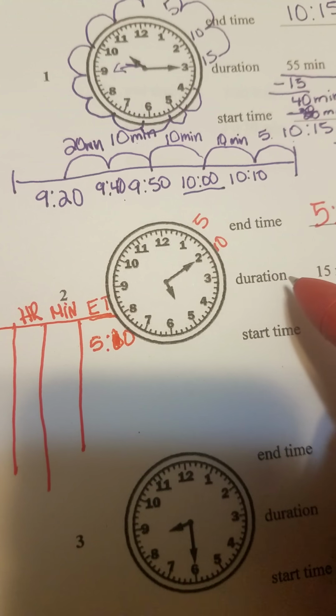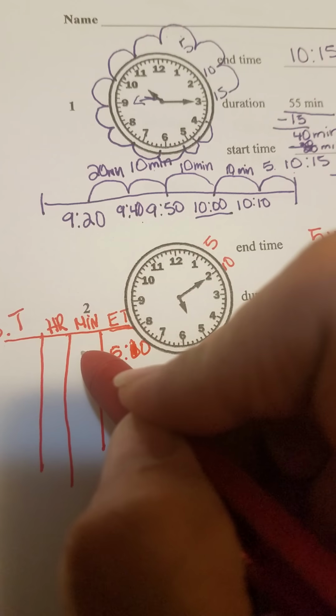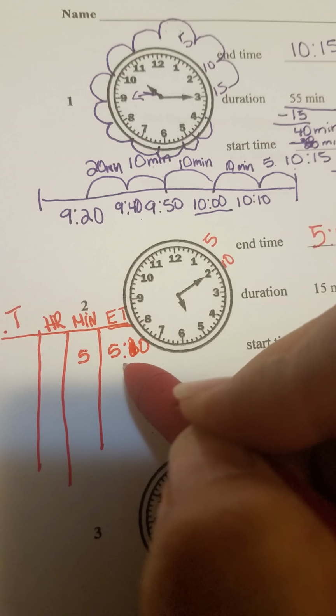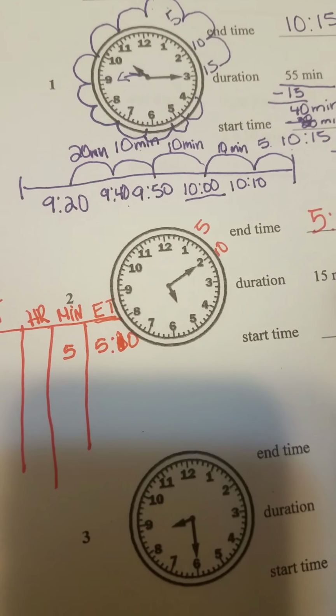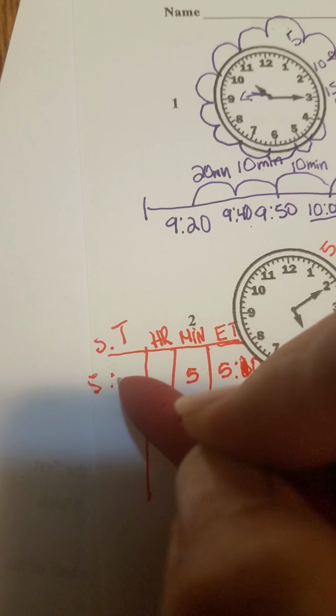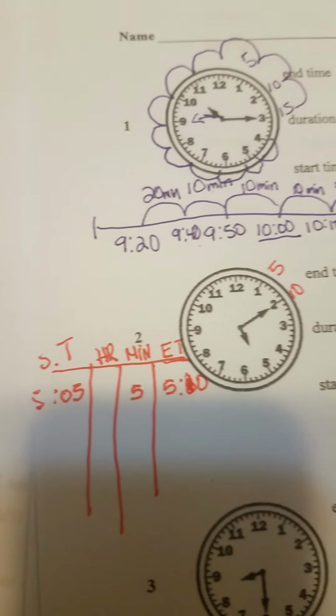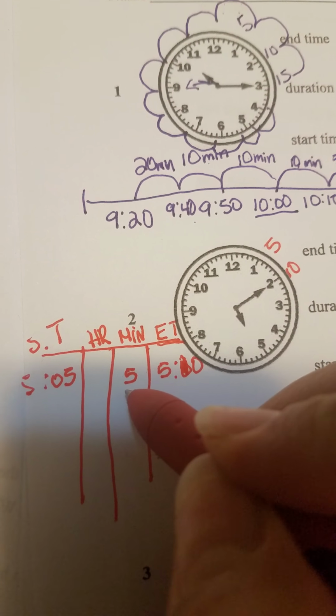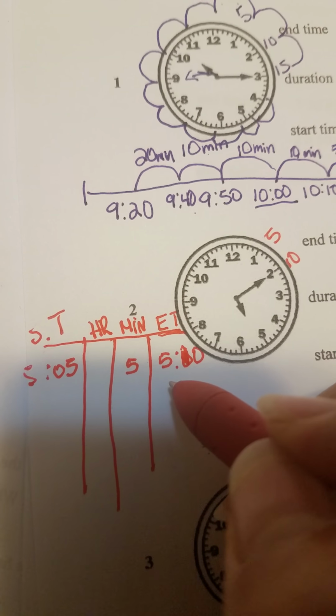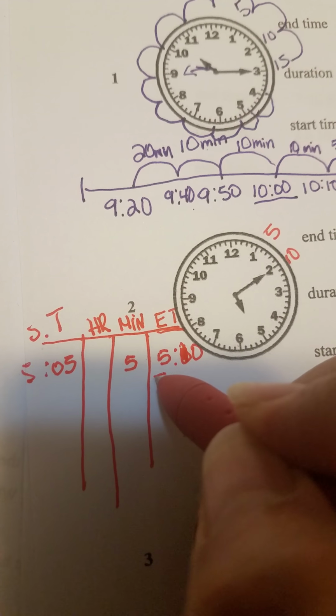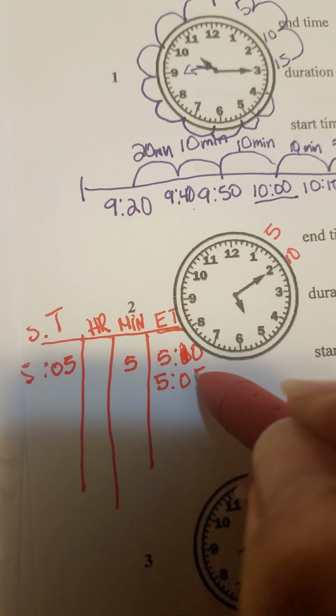But I'm going to remove, I don't know, 5 minutes. So my new start time, if it's 5:10 and I remove 5, it's 5:05, correct? So I can go ahead and remove another 5 minutes, and my new end time is 5:05. Do you see that?